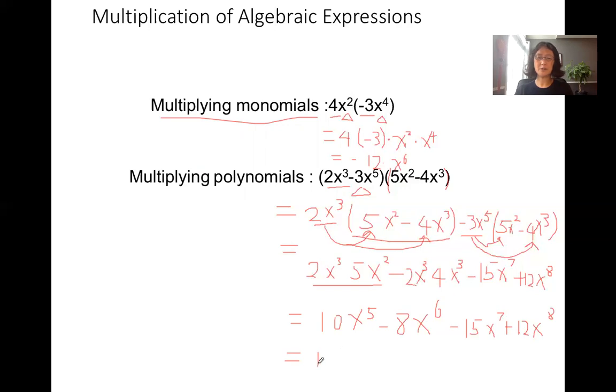So we put 12x raised to power 8 first, followed by 15x raised to power 7 minus 8x raised to power 6 plus 10x raised to power 5. And the degree of this polynomial is 8, the highest degree of the term, okay? And there are 4 terms in this polynomial.